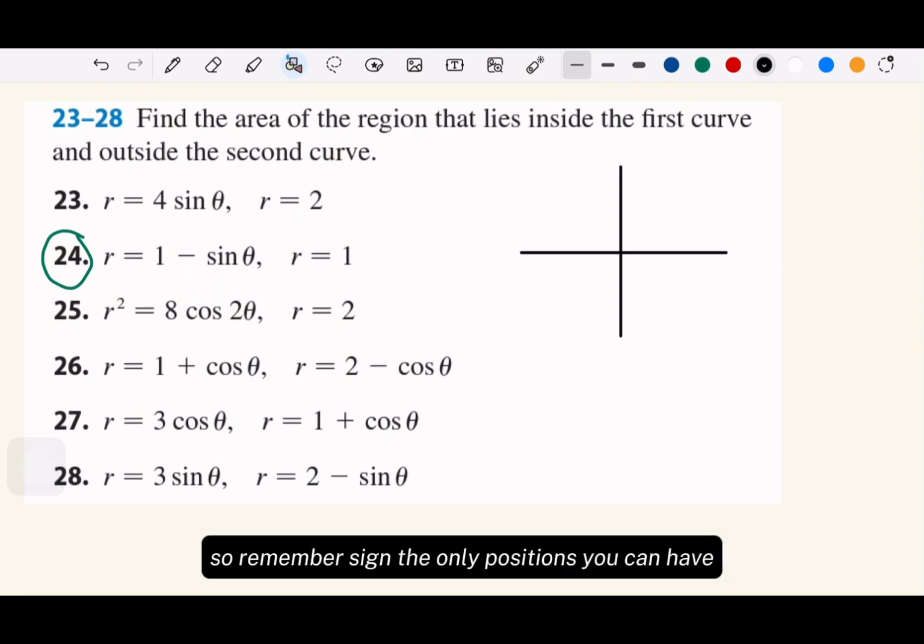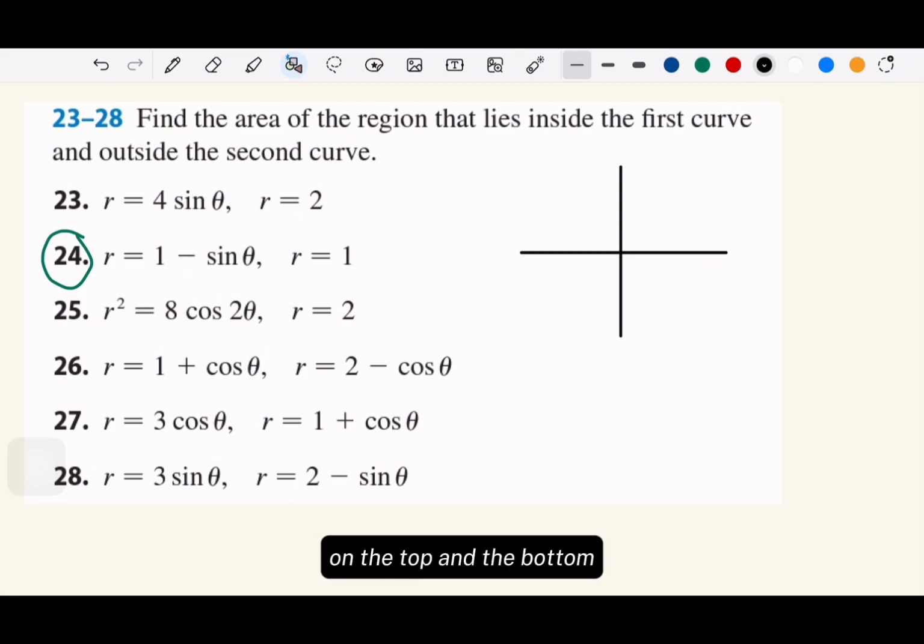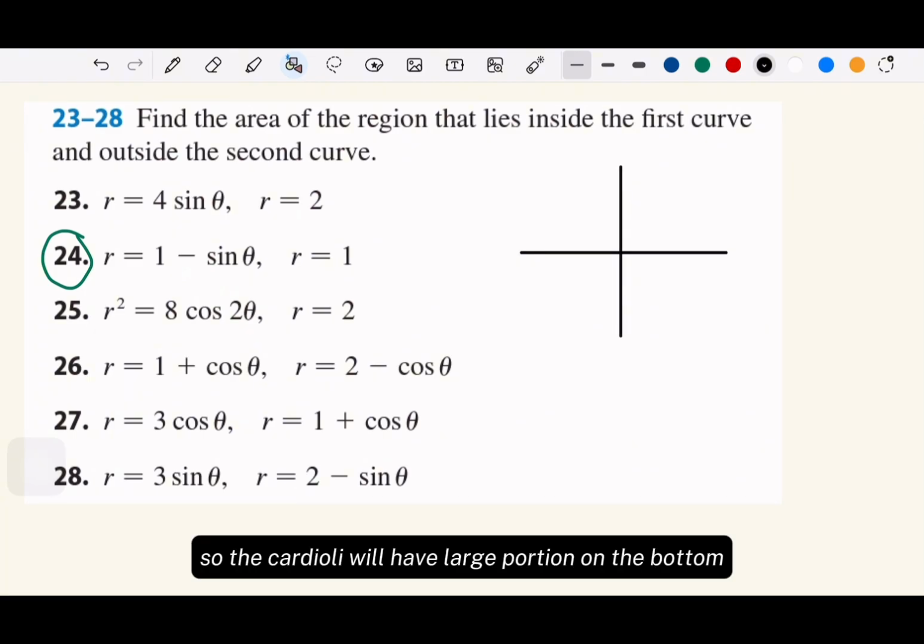Remember, sine is positive on the top and negative on the bottom. This is negative, so the cardioid will have a large portion on the bottom.